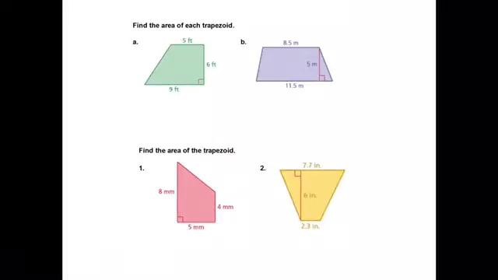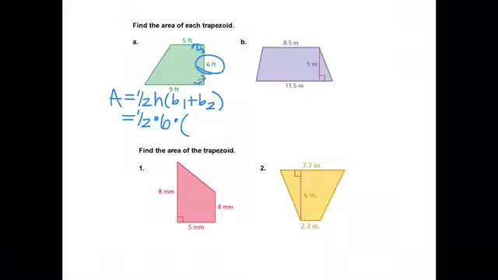So if I look at my first example here, I see my right angle, so there's my height, there's one base, there's my height again, and the other base. So area equals 1/2 times height times base 1 plus base 2. 1/2 times my height is 6 times my 2 bases, and it doesn't matter which order I add them, 5 and 9. 5 plus 9 is the same thing as 9 plus 5. 1/2 times 6 times, the inside of the parentheses I have to do first, 14.